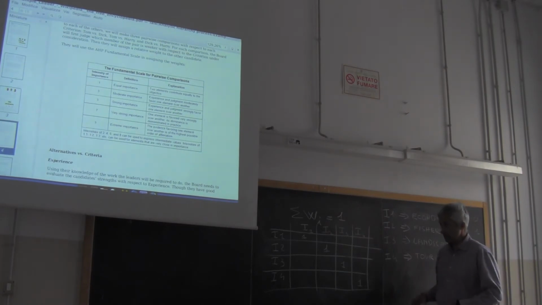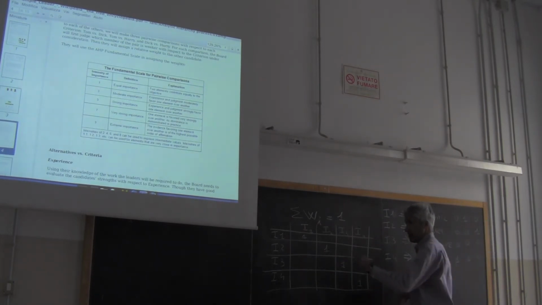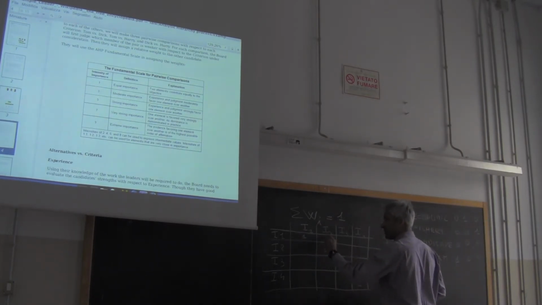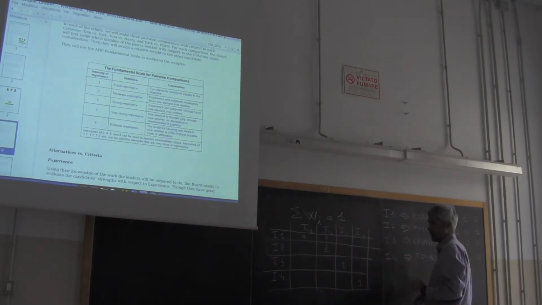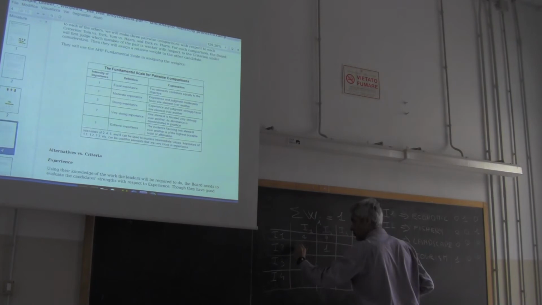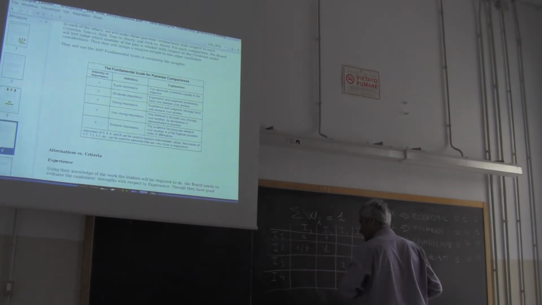Okay? And then, if I give to I1 compared with I2, if I give 9, then I have to write 1 over 9 here.